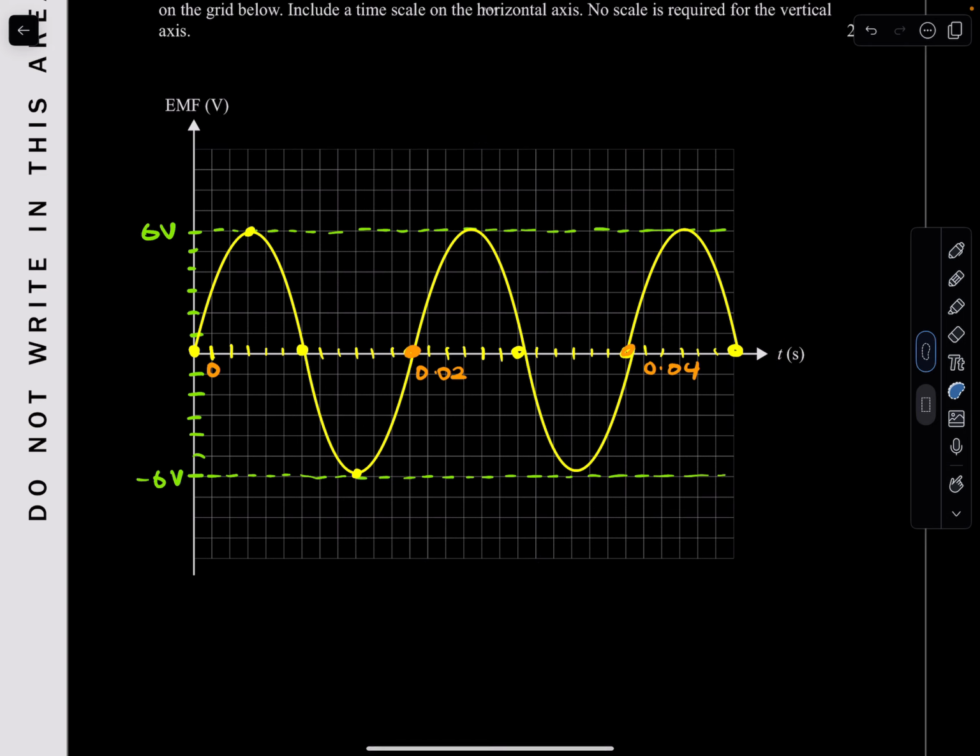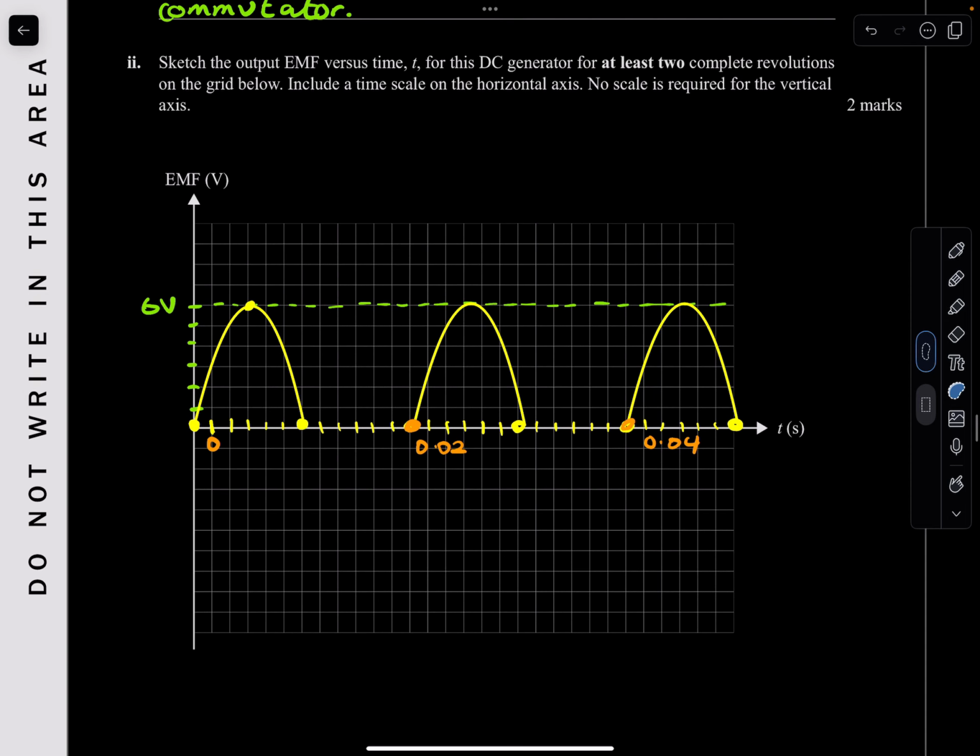Beautiful. So I'm going to rub these parts out. We won't have anything below. Nothing below. Let me rub those out. That looks good. They said we don't need to include any voltage, so it'll look something like that.